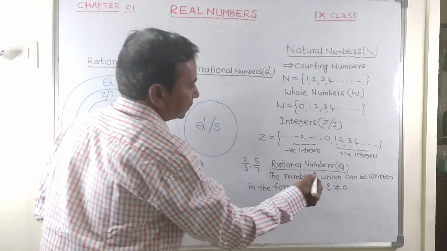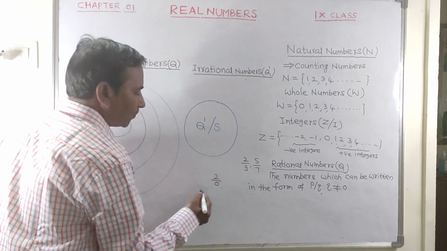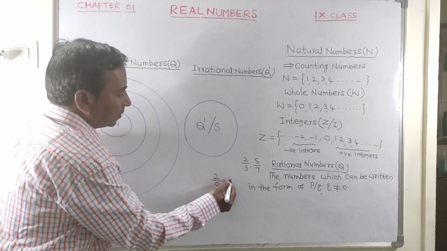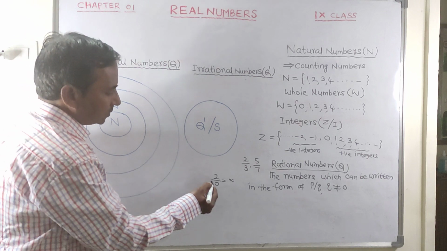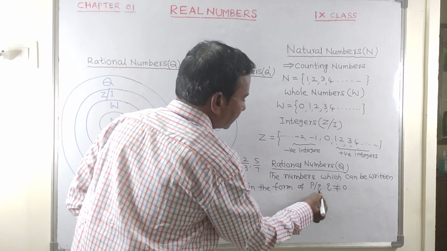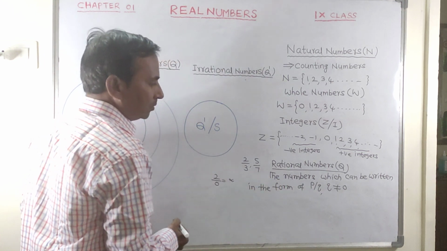What happens if 0 is there in the denominator? Suppose I take 2 by 0. If I write 2 by 0, it will be equal to infinity, means it is undefined. It is not defined. So we should not take 0 in the place of the denominator in any P by Q form.